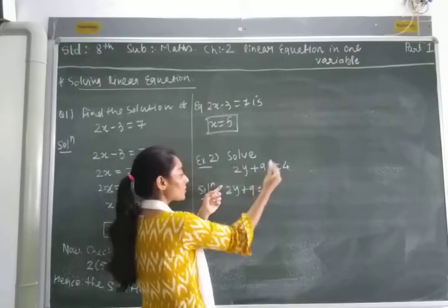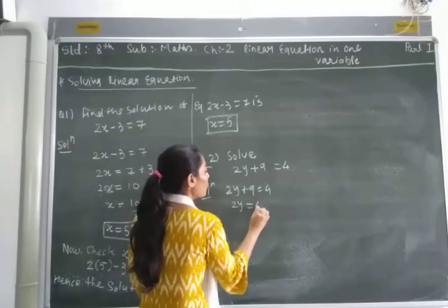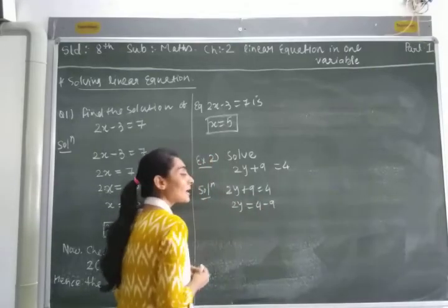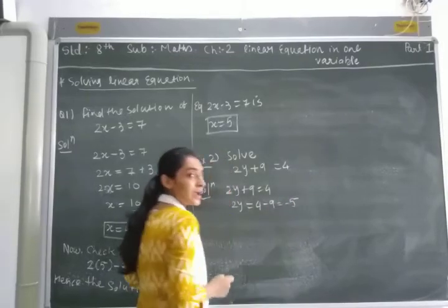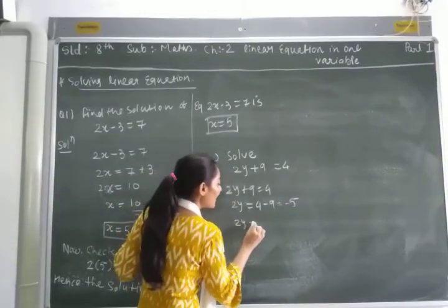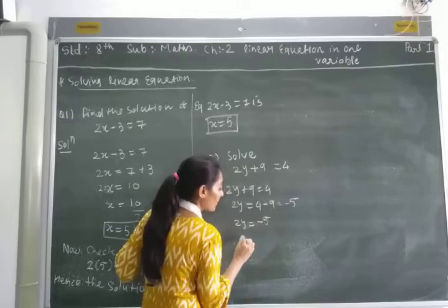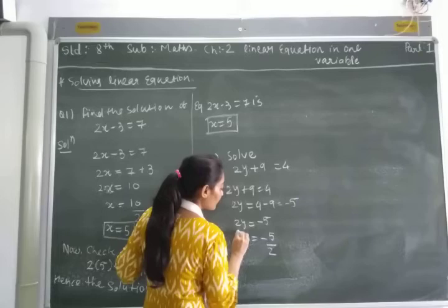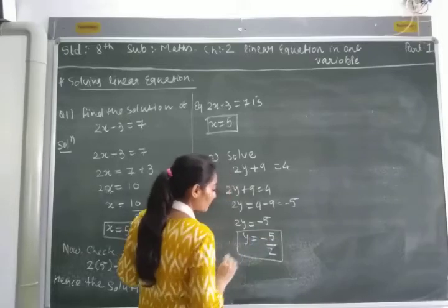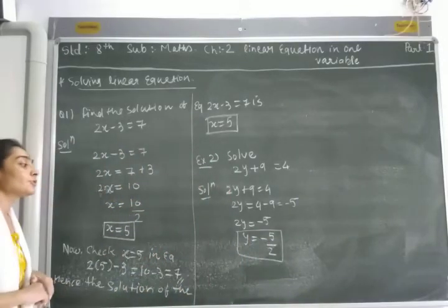I'm taking this constant to the other side. So 2y equals 4 minus 9, which is minus 5. So 2y equals minus 5, y equals minus 5 by 2.